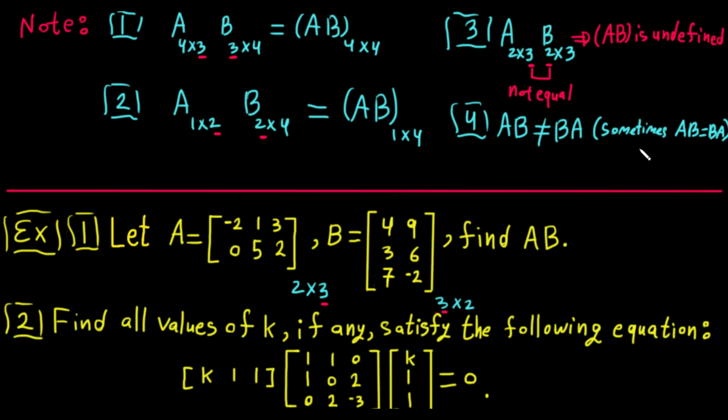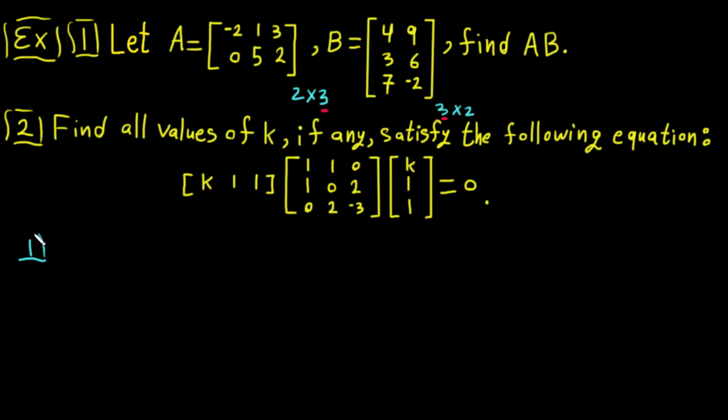That's it to illustrate the size of matrices. So the size of AB here will be 2 by 2. Now let's solve this question.